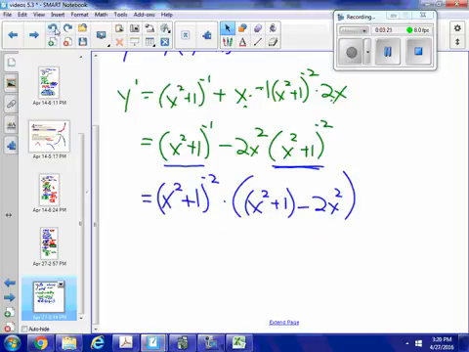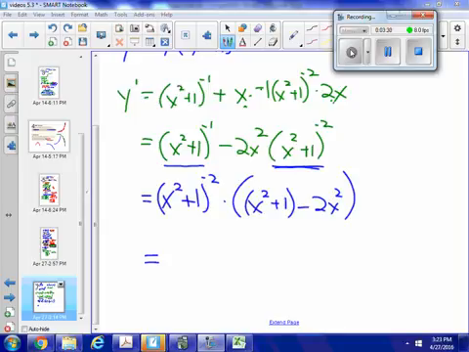And so now I can work a little bit with like terms here. First of all, I'm going to put this piece in my denominator, so that's going to be (x squared plus 1) squared. And here I have a positive x squared, a positive 1, minus 2x squared. Well, I have like terms right here and right here.